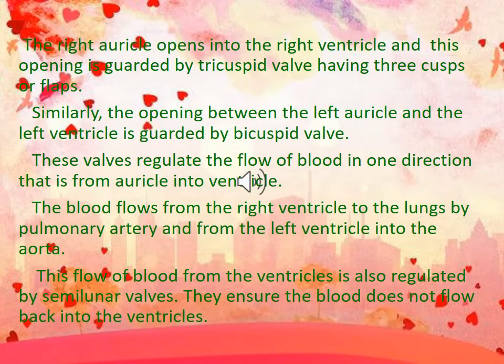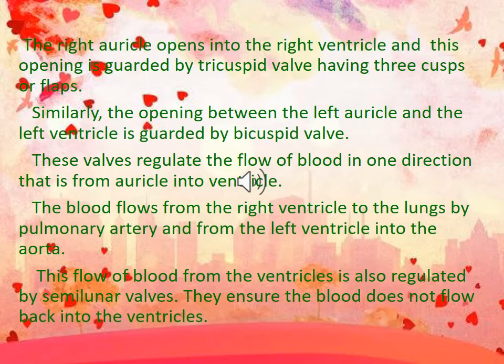Now, we will learn about the structure of the heart. As I told you earlier, the human heart is four chambered, that is, it has two auricles and two ventricles. The auricles are the right auricle and left auricle, and the two ventricles are the right ventricle and left ventricle. These two auricles are separated from each other by a membrane or septum, whereas the auricles and the ventricles of each side are separated from each other by another membrane or septum.